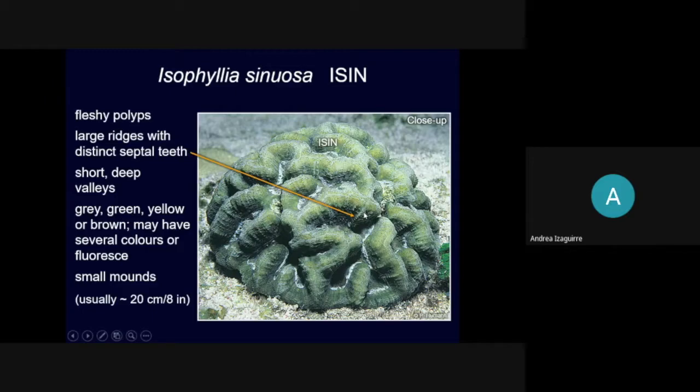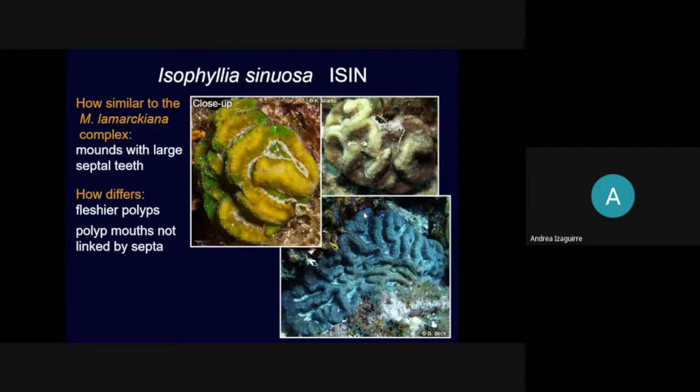This one grows in mostly greenish color, so it might be a greenish gray, greenish yellowish, greenish brown. It's always going to have a tint of green, and these very fleshy walls. So that's going to be your two distinctions.